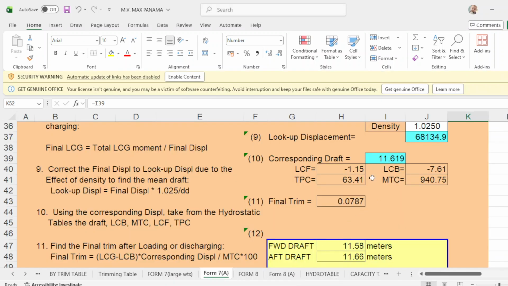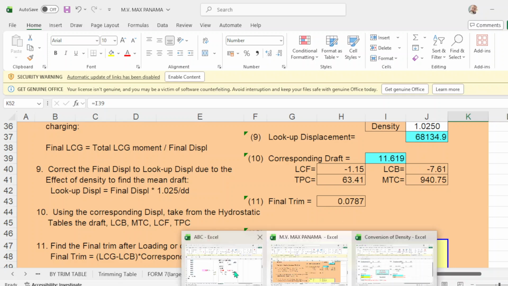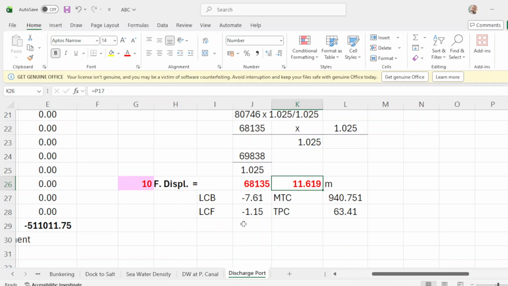So what are the corresponding LCF, TPC, LCB, and MTC? LCF is negative 1.15. LCB is negative 7.61.